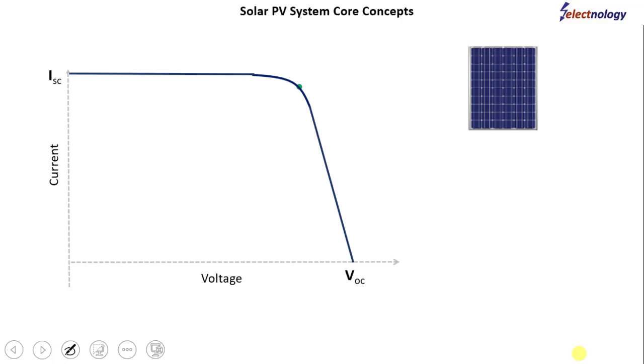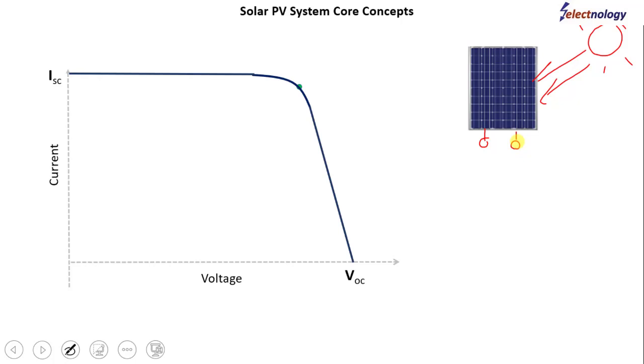Now let's assume we have a PV module, it's placed in the open space and it is receiving sun power. So there is sun and sunlight is being received by the PV module. Now this PV module has two terminals which are available through a cable underneath, and both of them can be connected to a load.